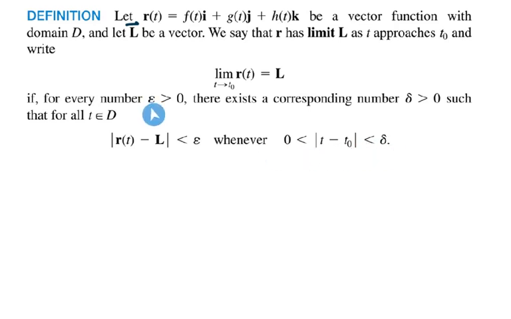So for every epsilon that is positive, there exists a corresponding delta, also positive, such that for all of the t points inside the domain, the vector valued function minus the vector limit is smaller than epsilon whenever the difference between my t values is between 0 and some also appropriately small delta.